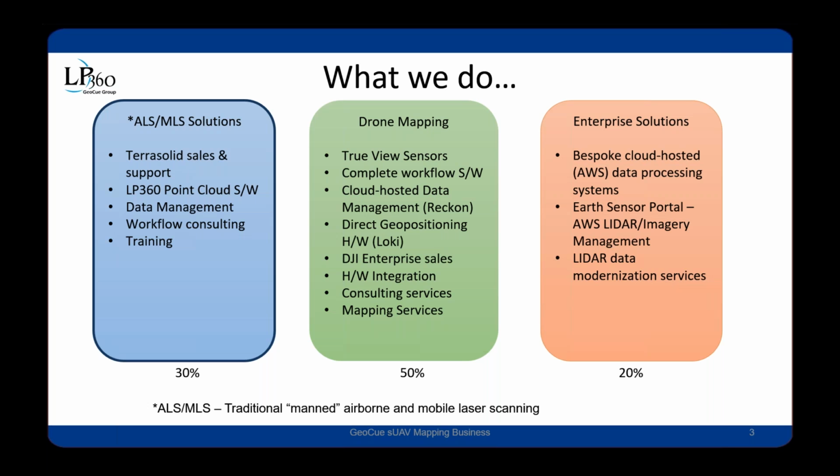And finally, what we're here primarily to talk about is our airborne and mobile laser scanning solutions, where we sell TerraSolid products and support those products. We do our own LP360 point cloud software, and we have a number of data management tools in that arena as well, such as our GeoCue workflow software and a few web-based data management systems. We also do a lot of workflow consulting and training in those areas.